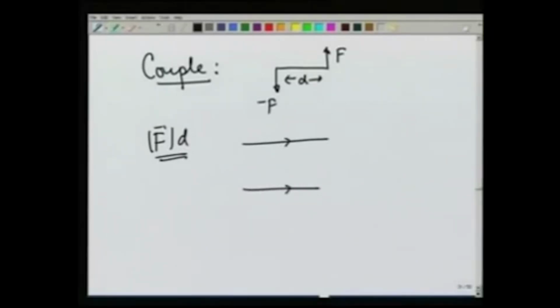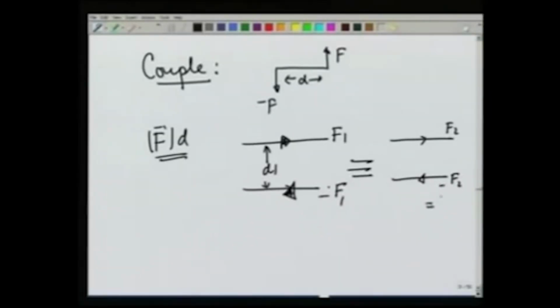For example, I could have a force F1 going the other way, minus F1, displaced by distance d1 from each other. This would be equivalent to a force F2, which let us say is F1 divided by 2, but with distance d2, which is twice d1.